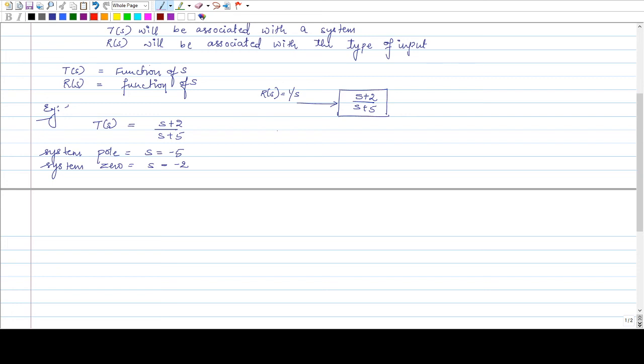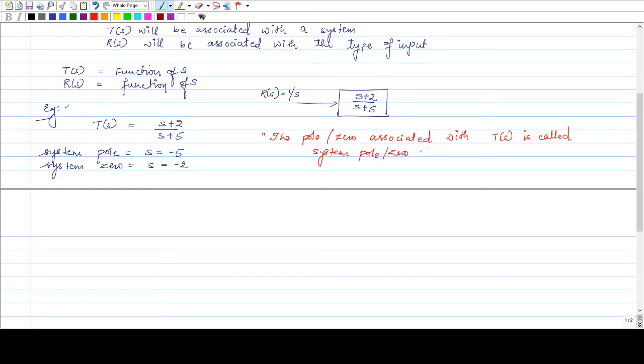So I'll write it here: the pole or zero associated with the system transfer function, that is T of S, is called the system pole or zero.